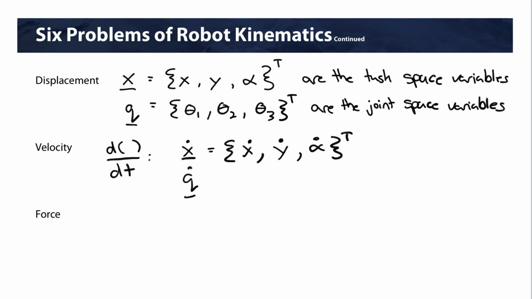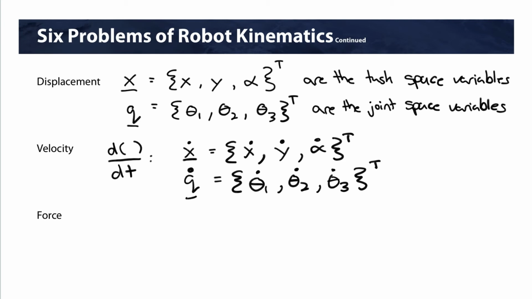We would have q dot, which are our joint rates, which would be in this case theta 1 dot, theta 2 dot, and theta 3 dot. So we again have our task space variables. In this case, it's x dot, y dot, and alpha dot for the velocity problem. And we have our joint space variables, which are theta 1 dot, theta 2 dot, and theta 3 dot.